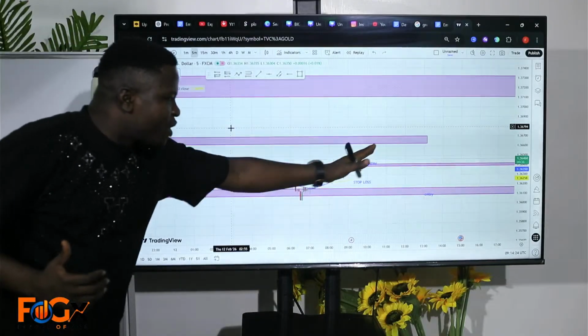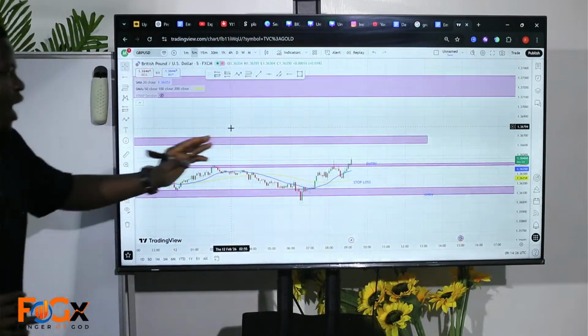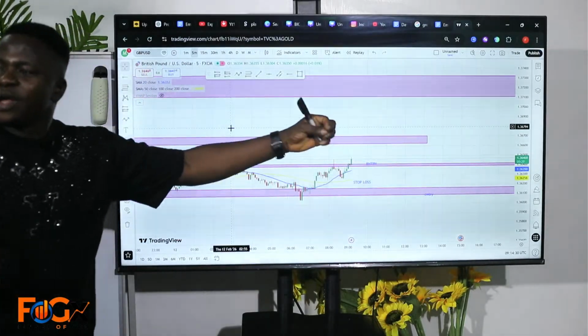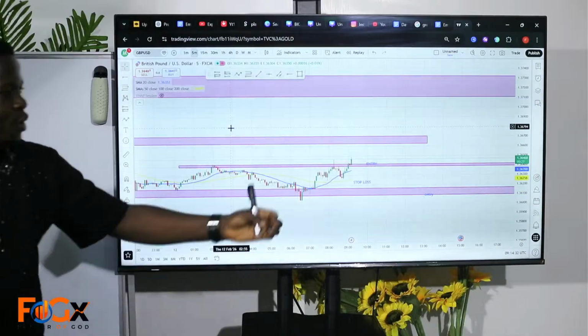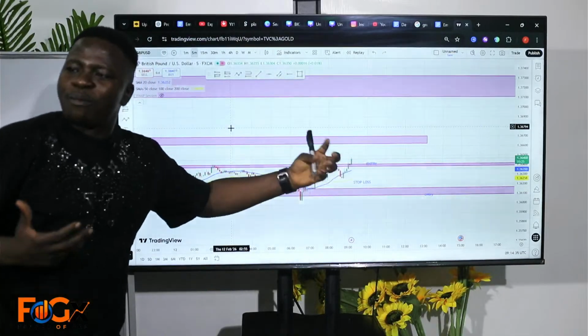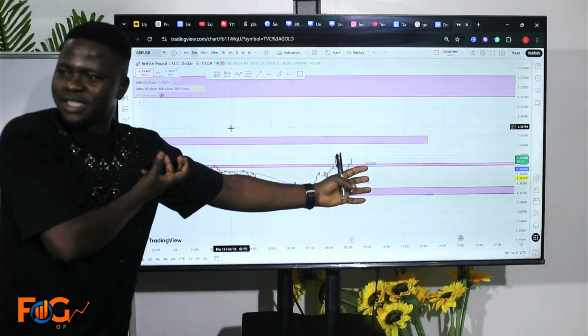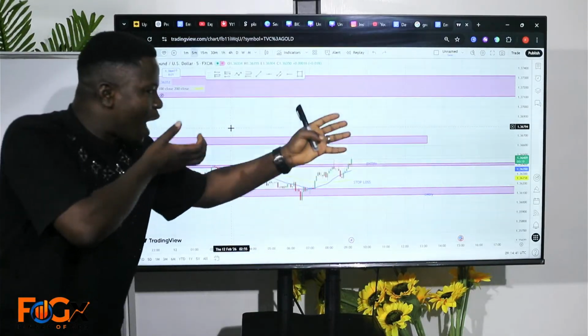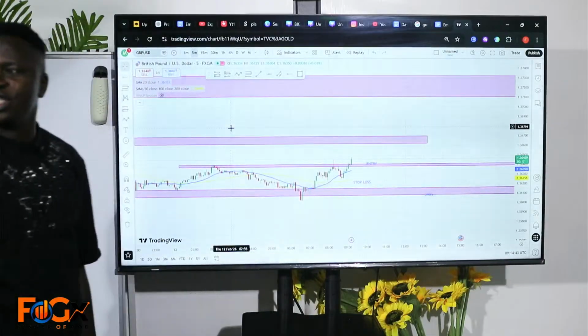It's clearly breaking it right now. I'll allow it to go. It comes back to form a what? Higher low. It comes to rest on my simple moving average, which serves as support. Then I buy. My stop loss is below this low.